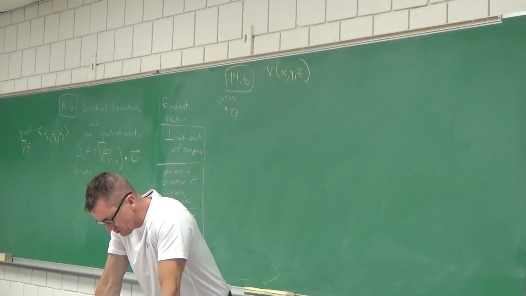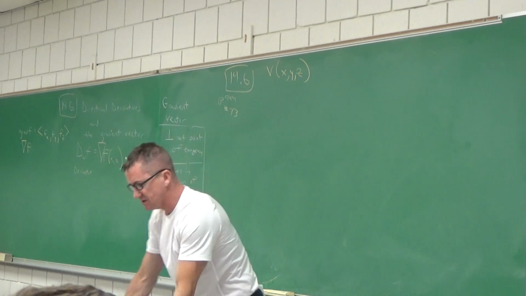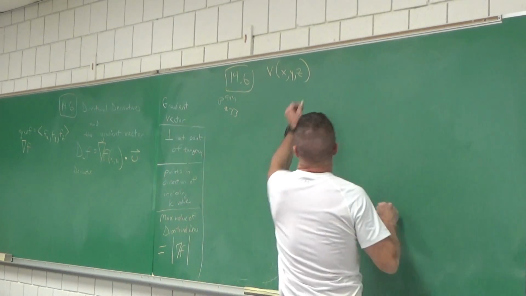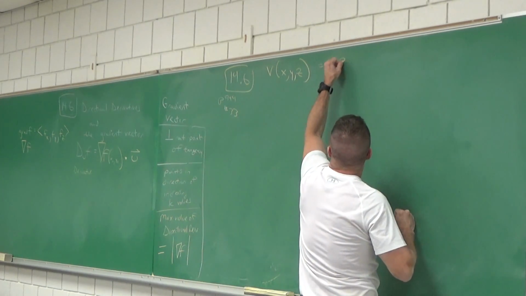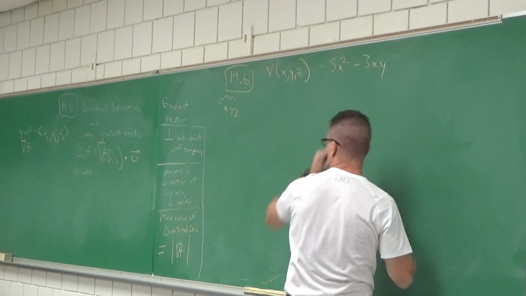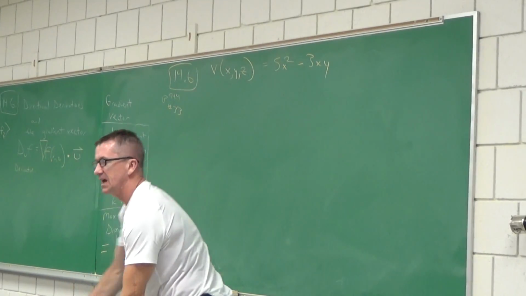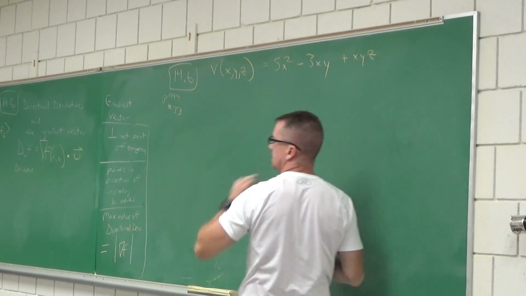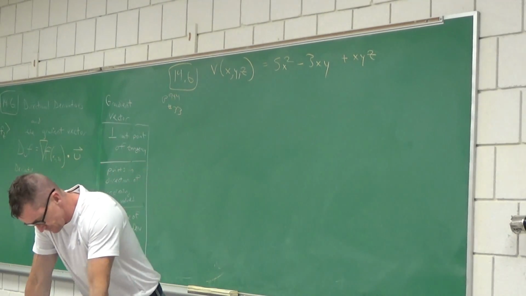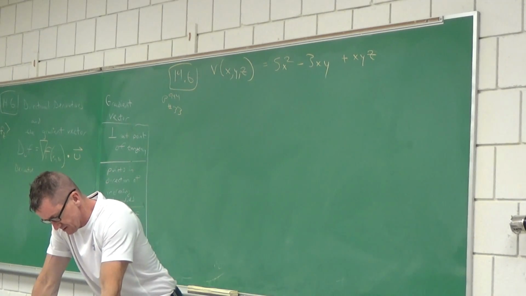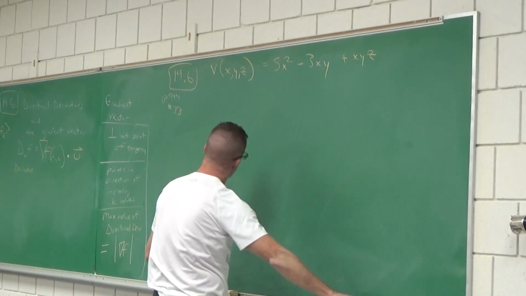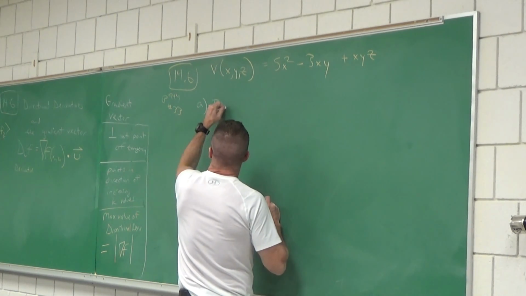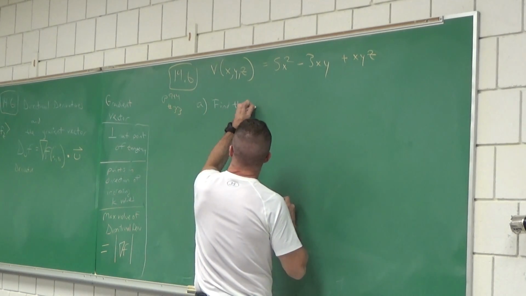Suppose that over a certain region of space, the electric potential, V, is given by 5x squared minus 3xy plus xyz. This is called the electric potential over a certain region of space. Letter A. Find the rate of change.